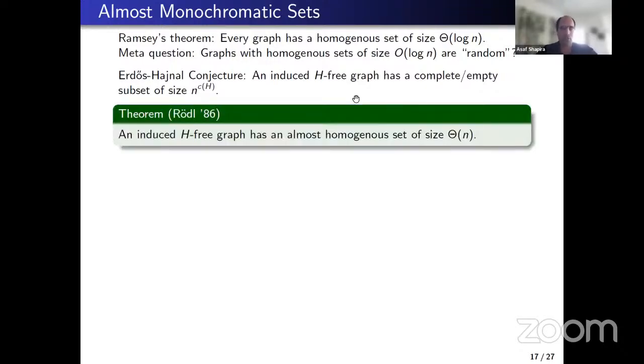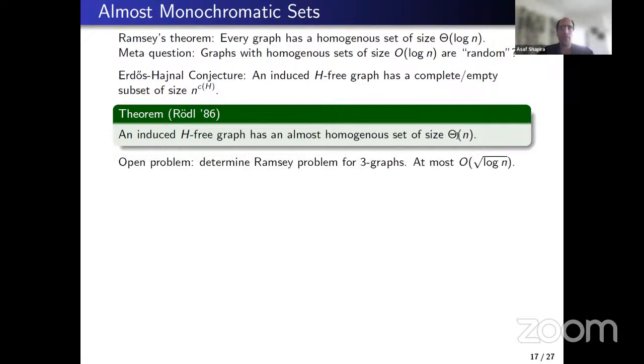Then a theorem of Rödl from the 80s, which was one of the first applications of the regularity lemma, is that in this case, remarkably, you can get a set of linear size. So again, if your n-vertex graph is induced H-free, you can have an almost homogeneous set of size linear in n. Now you can ask, what happens in hypergraphs?